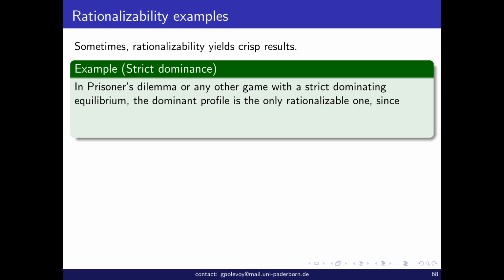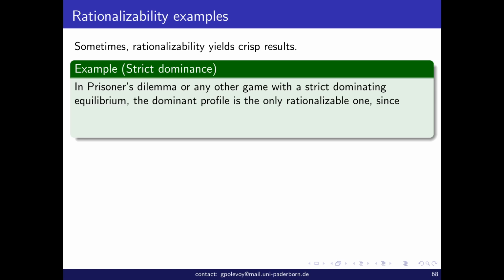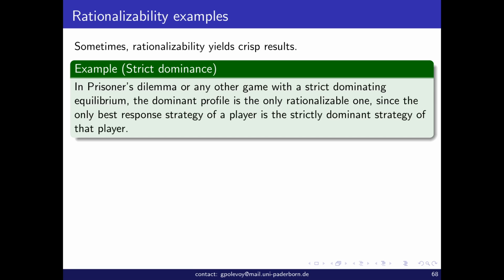For example, in any case of strict dominance, in particular, let's say the prisoner's dilemma, the dominant profile is the only rationalizable profile. It's rationalizable, of course, because it's also a Nash equilibrium. It's the only rationalizable one, since it's the only best response strategy of a player.